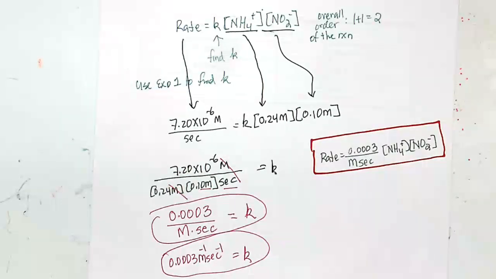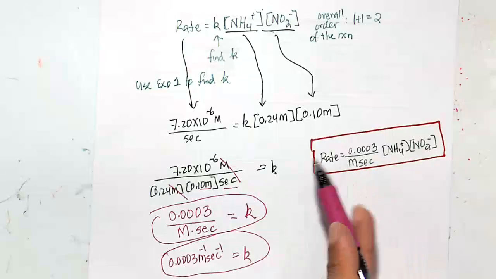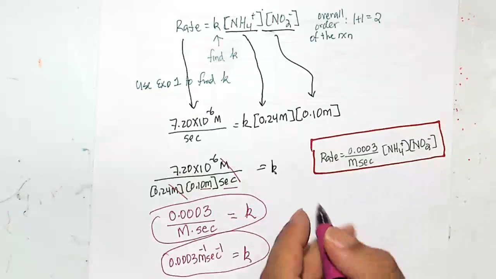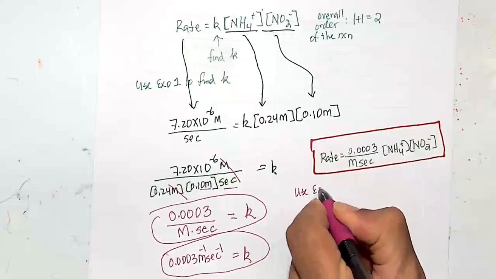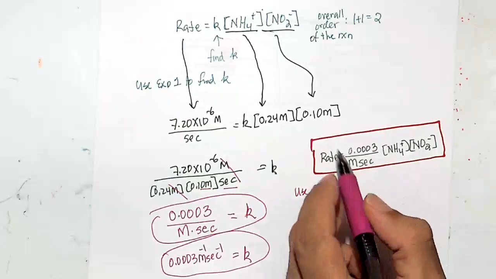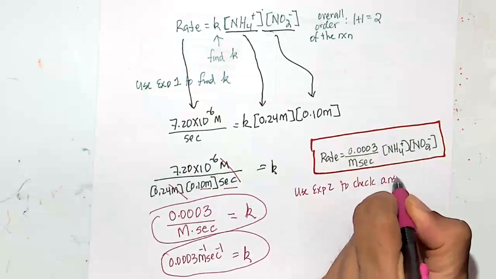But we have a way to check our answer. Okay, how can we check our answer? Okay, we'll use experiment 3 or 2. Okay, we'll use experiment 2, or we can also use experiment 3, but we'll use experiment 2 to validate our answer, to check our answer.